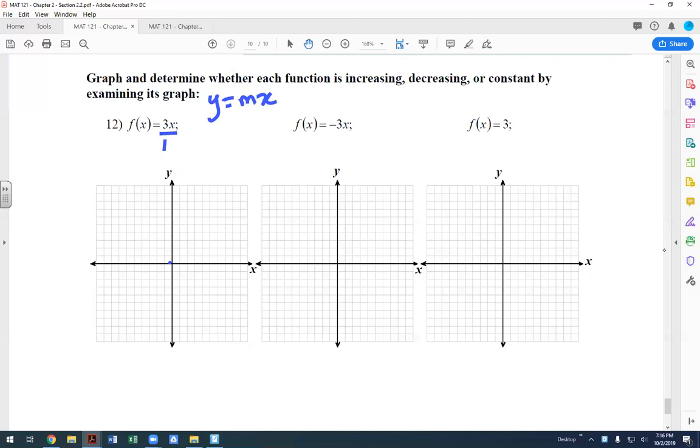And like Amy said, think about this as being slope, rise over run, which means you're going up 3 and right 1. So start at 0, 0 at the origin, go up 3, right 1, go up 3, right 1, or you can also go down 3 and left 1, go down 3 and left 1, which means my points are a little off.